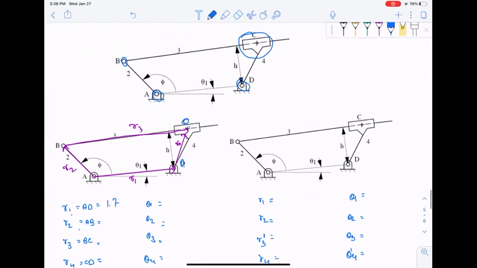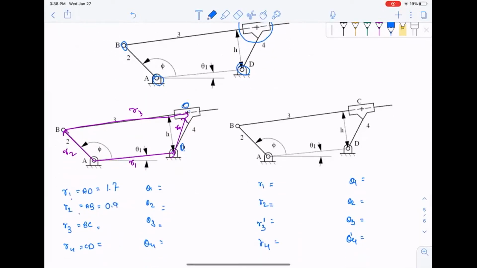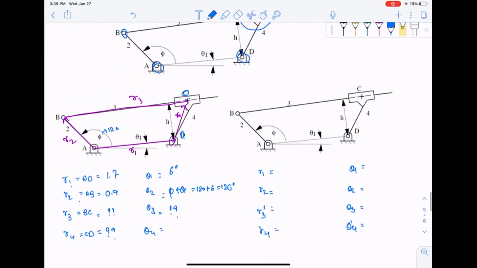The value of R1, that is AD, is 1.7. AB is 0.9, BC is actually unknown, and R4 is also unknown. Theta 1 is 6 degrees, this is phi plus theta 1, that is 120 plus 6, and that is 126 degrees. So phi is given as 120, theta 3 is unknown, and theta 4 is also unknown.